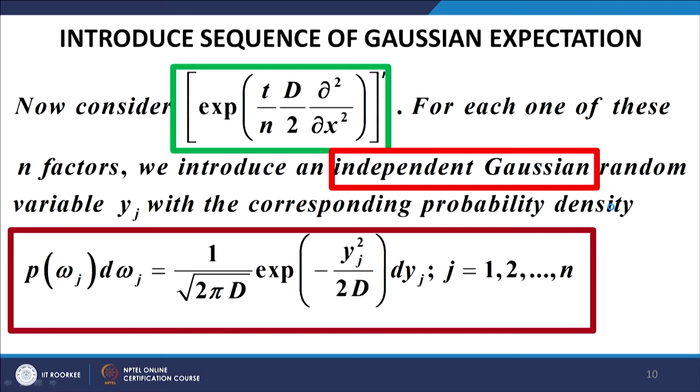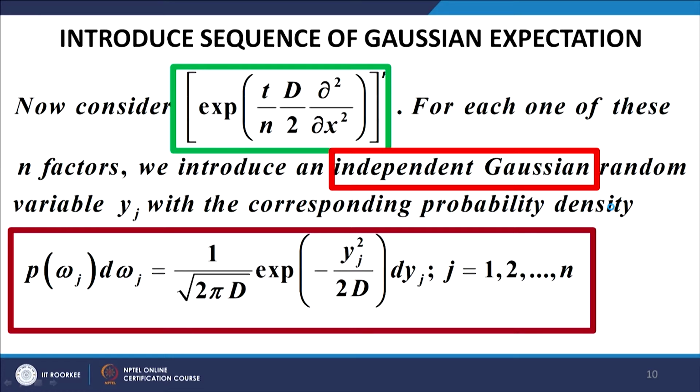Now, if you look at where we started, when we used Trotter's formula, we had this exponential, but we had it to the power n: exponential t upon n d by 2 del square upon del x square, to the power n. That is what we had.